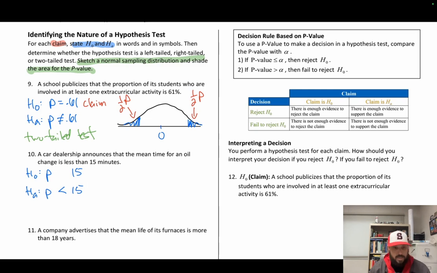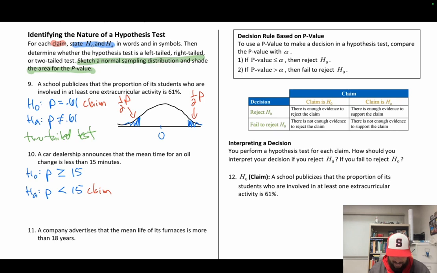Less than goes on alternative because our null hypothesis is always equal to, less than or equal to, or greater than or equal to. So our null hypothesis is going to be greater than or equal to 15, making our claim down here at our alternative hypothesis.